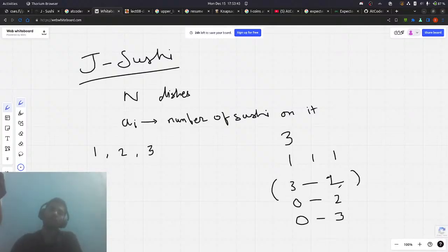What will be the expected answer when we have three plates of one sushi? Then what is the expected number of operations before all the sushi are eaten? Okay.